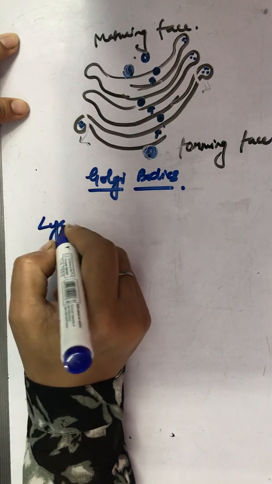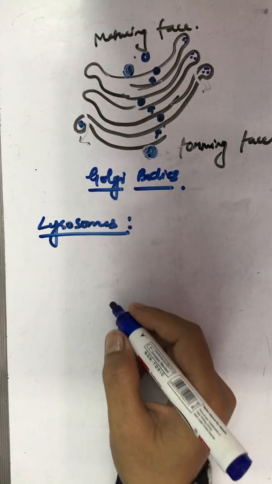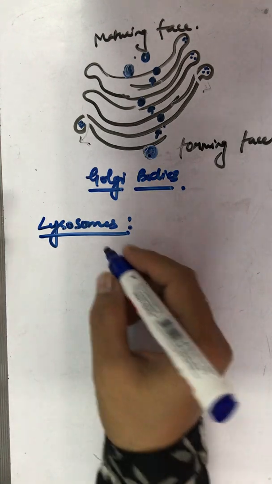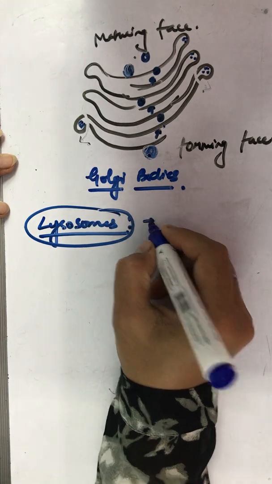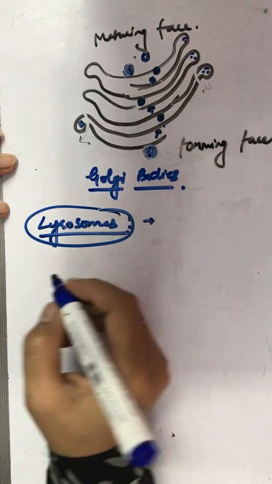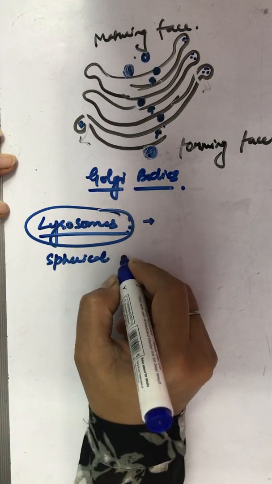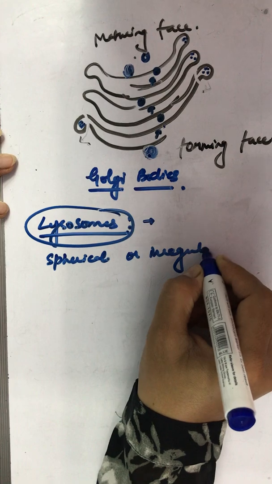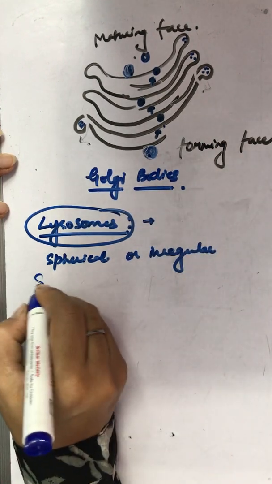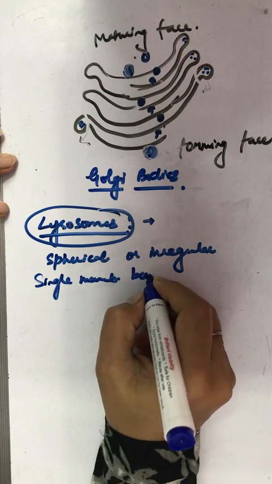Next are the lysosomes, also known as the factories which are going to eat away the cell whenever the cell is in danger, right? They are spherical or irregular, single membrane bound vesicles.